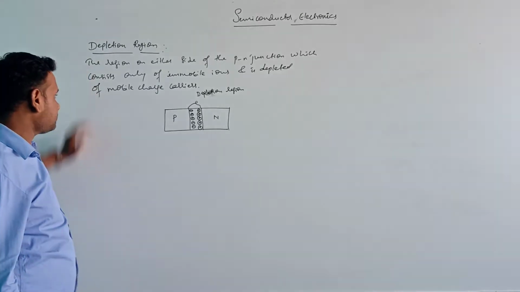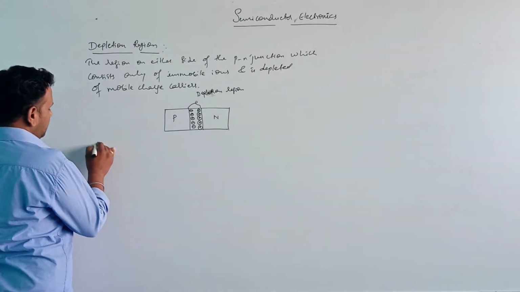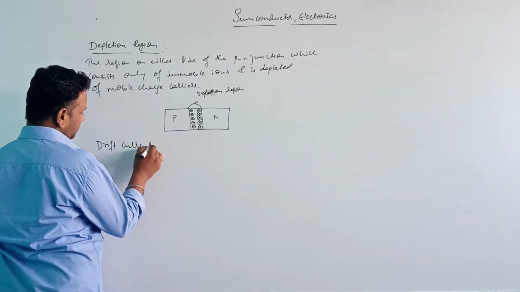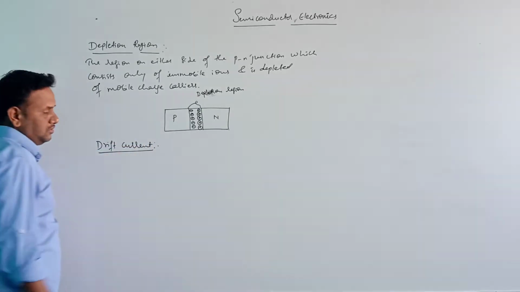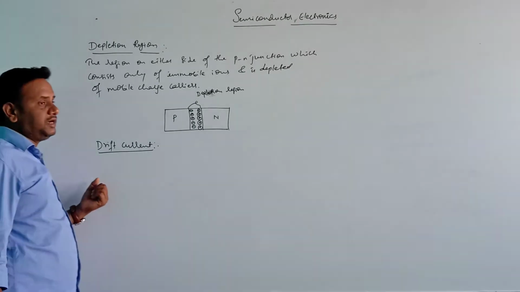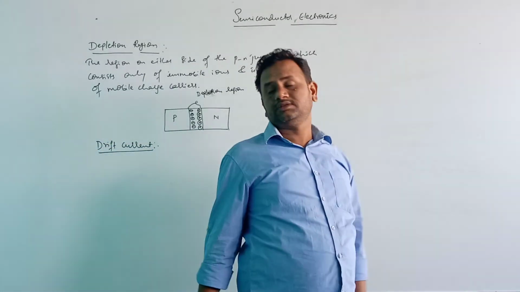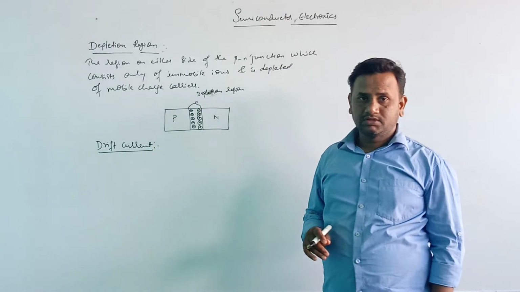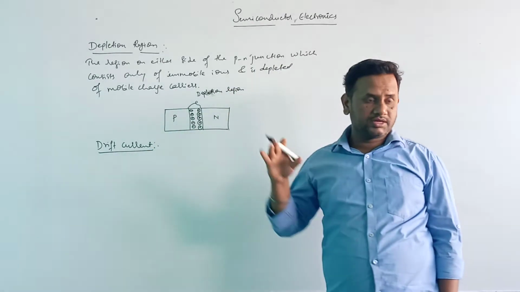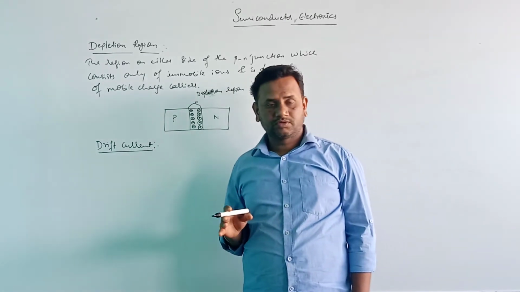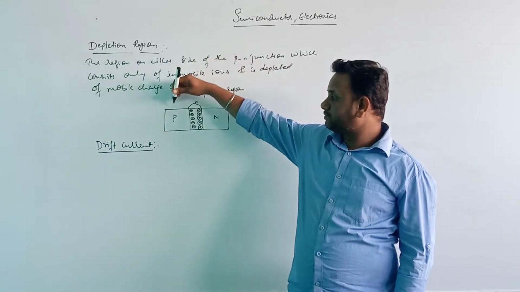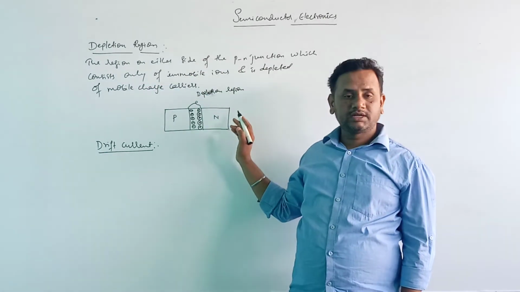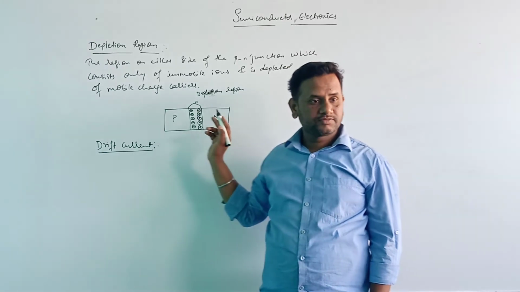Next, drift current. Now, when we apply some electric field, there are some minority charge carriers also present. The minority charge carriers present in the P region are electrons, and the minority charge carriers present in the N region are holes.